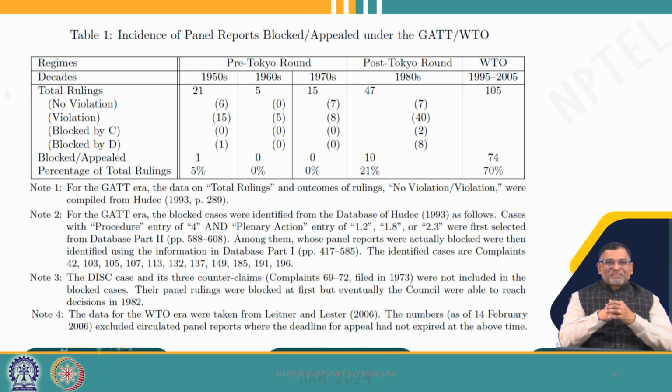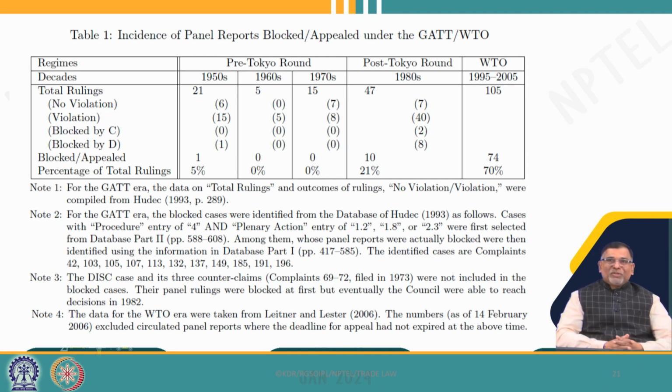So it means before the 1950s there was only 1 blocking of reports, 60s 0, 70s 0, and then in the 1980s the number has risen to 10 disputes where the reports were blocked, 21% of the rulings. So you can see that it is blocked by members, 21% of the reports were blocked.